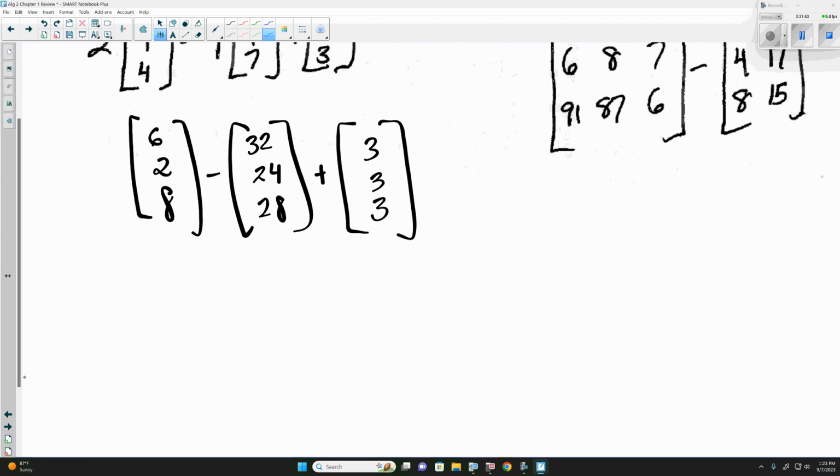We only distributed the 4. Because if we did distribute the negative, all these would be negative, but we would add. Because we distribute the negative through. Well, the negative, if we do -4, is now inside instead of outside, because it'd be -26. 2 plus -24 is -22, and 8 plus -28 is -20.